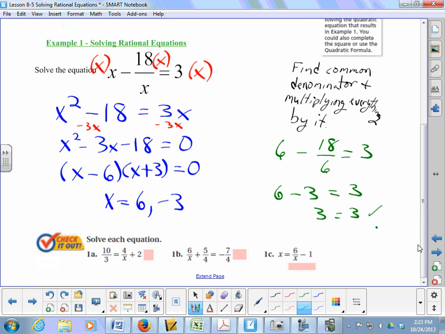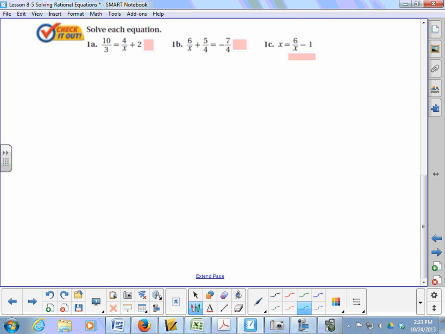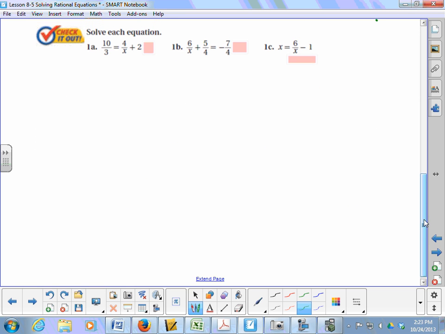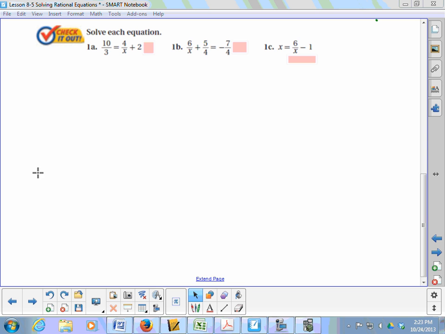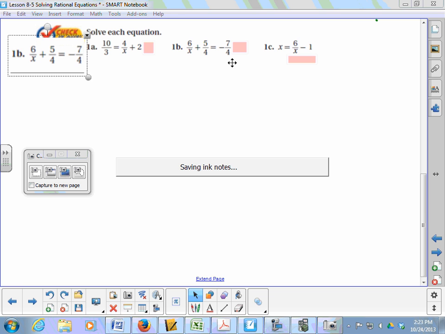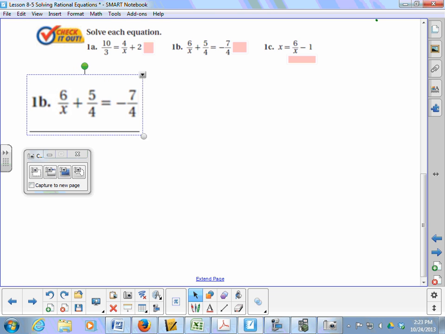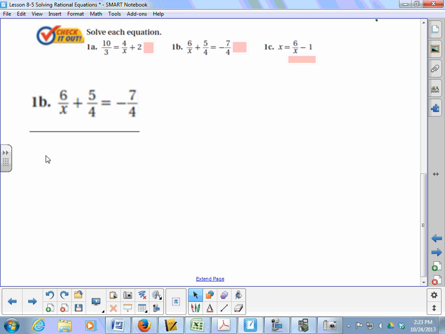All right, so let's look at one more. Let's just look at letter B. If I want to solve this one, what am I looking to do first?